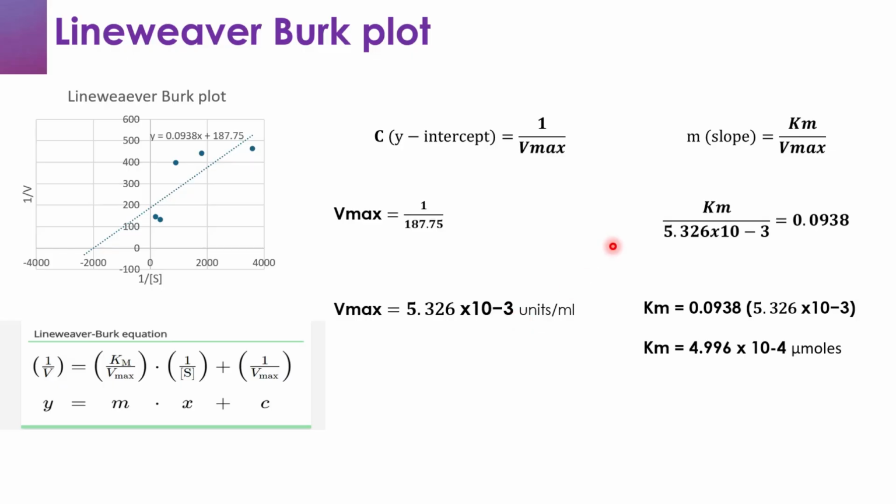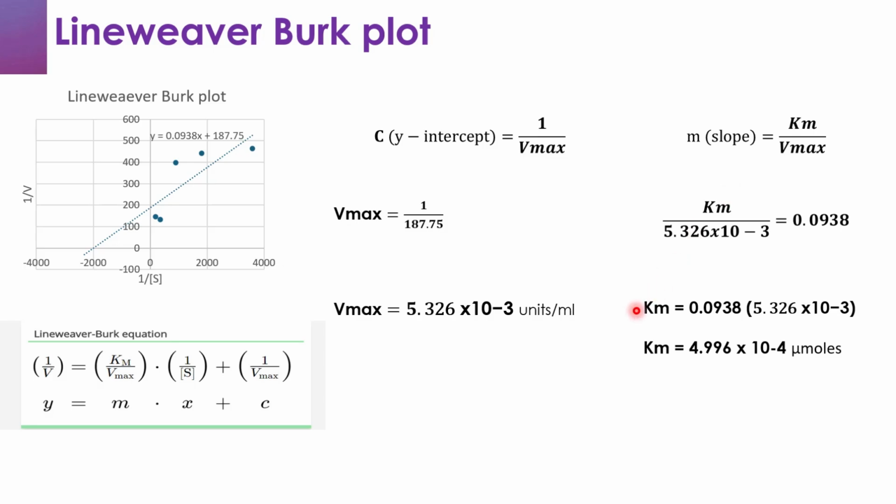And also, if you want to calculate our Km, we know that from this equation, Km over V maximum is equal to our slope over here, which is 0.0938. If you make Km the subject, if you equate Km over V maximum to the value over here, we will see that our Km will be equal to the slope times our V maximum.